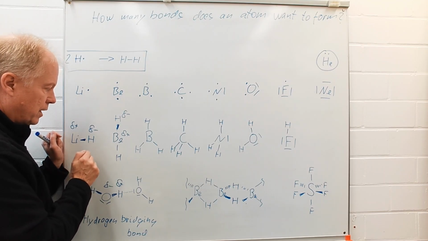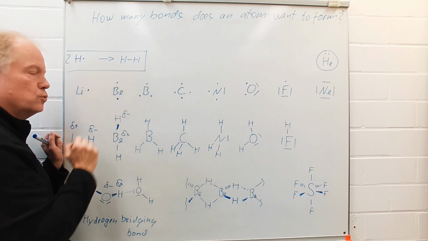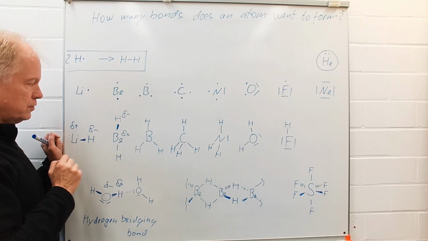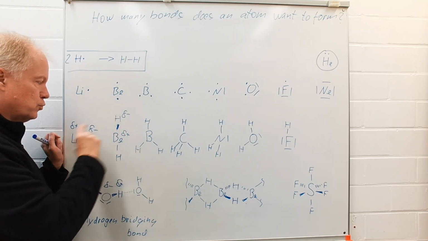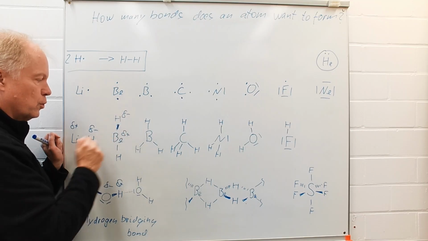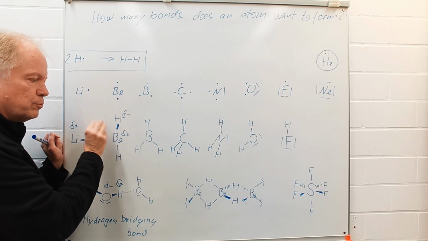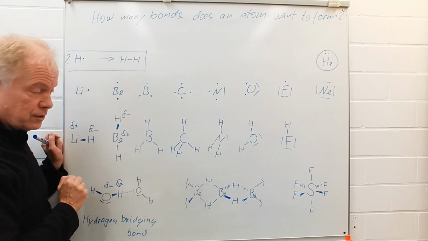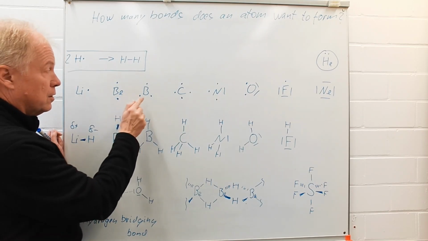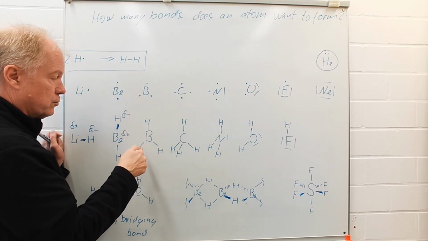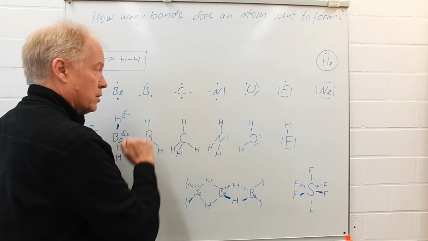So beryllium has 2 electrons in the outer sphere, able to form 2 bonds, also polarized. This is important for something we will discuss later on. Boron, 3 electrons, 3 bonds.